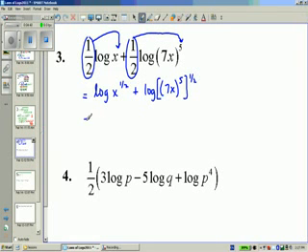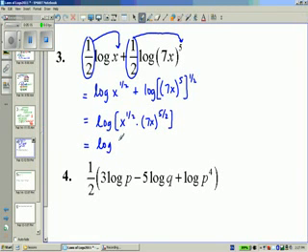So putting it all together with the plus, it means to multiply. So I get the log of x to the 1/2 times 7x to the 5 halves. So I'm just multiplying those together, and that's all one logarithm. So I get log x to the 1/2, 7 to the 5 halves, times x to the 5 halves.